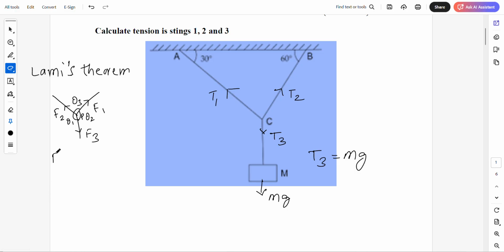Then we can write F by sin theta is equal to constant.